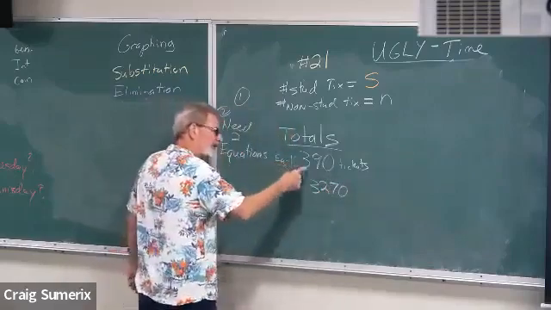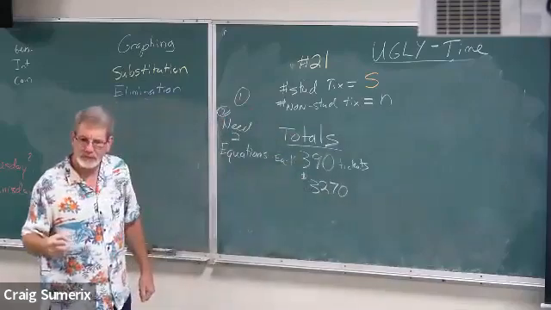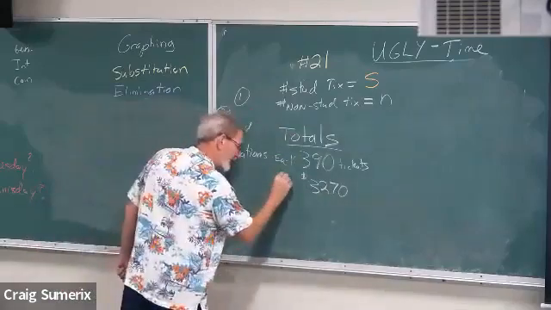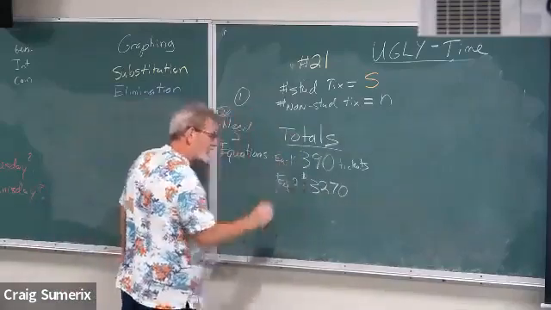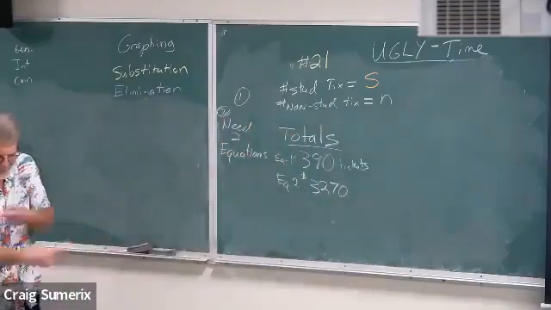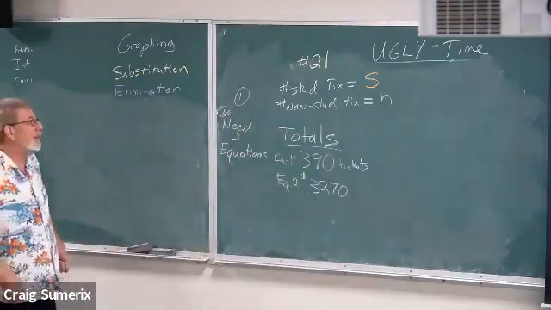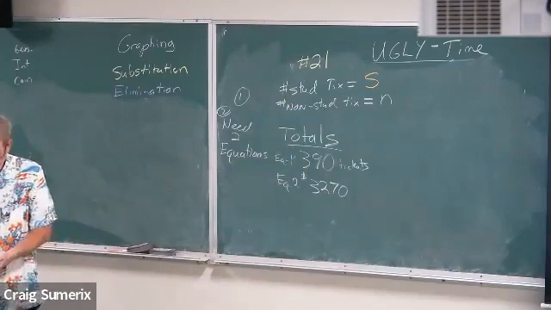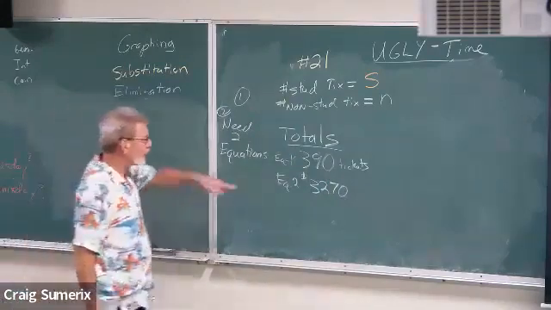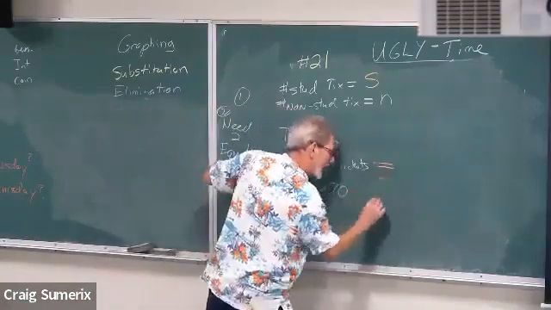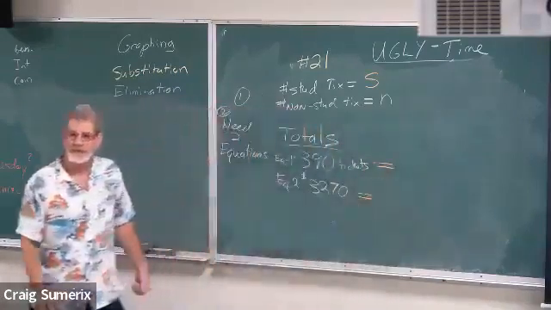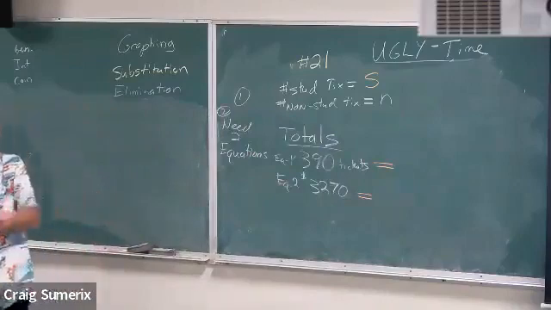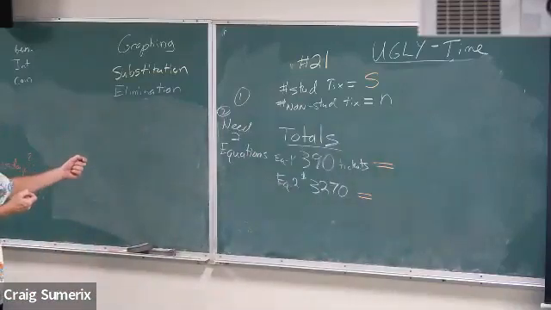Would you agree tickets and dollars are different things? That's what the topic of my second equation is going to be. And again, it doesn't matter which one it is. Now, why am I focusing on totals? Because totals means I had to put something together to get them, don't I? Something and something else is going to equal that number.